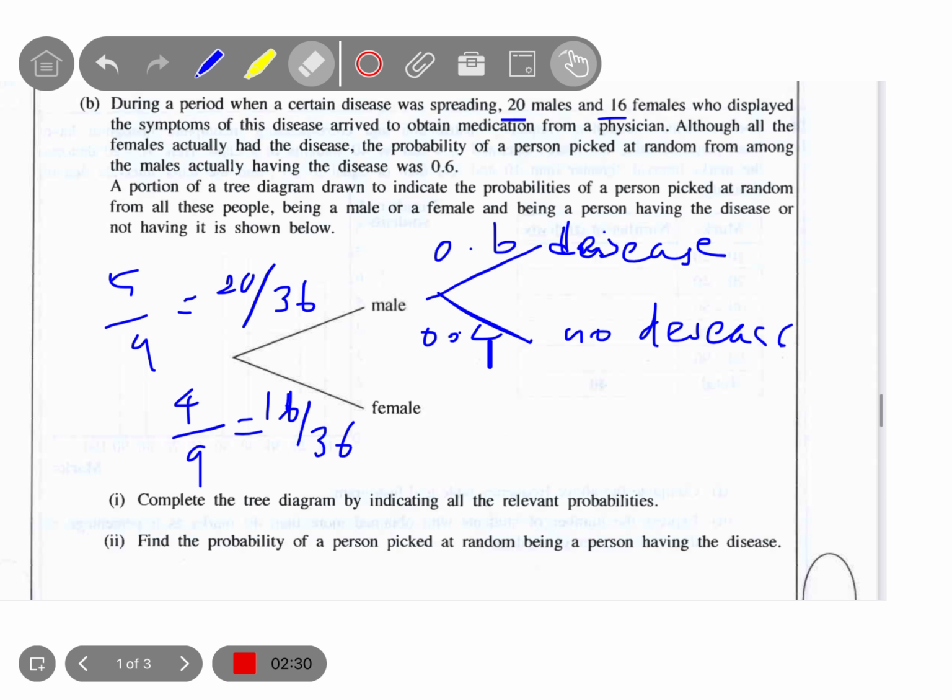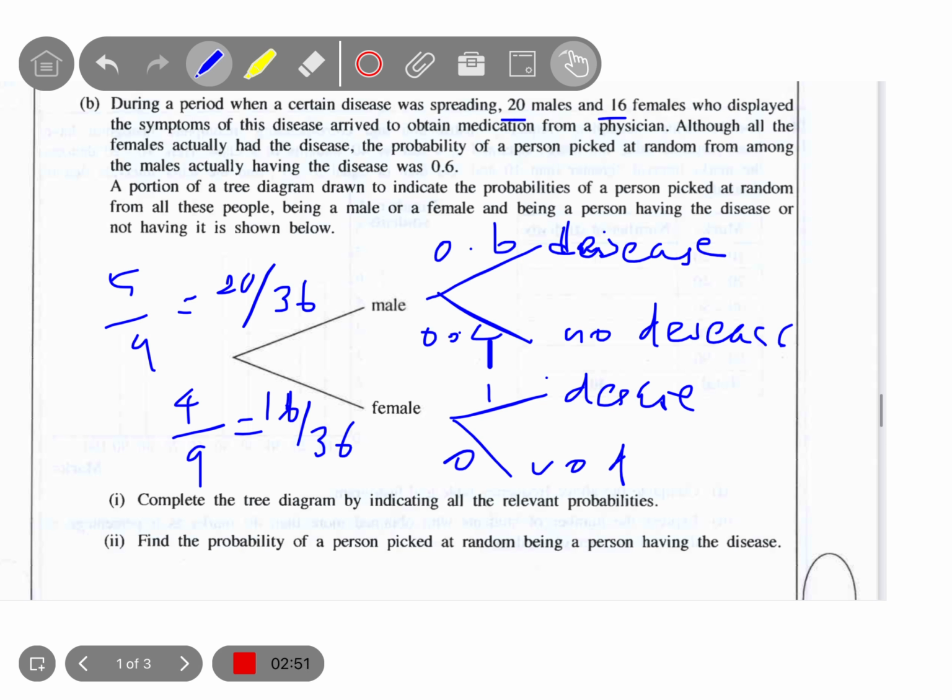That's all, so this completes the diagram. Optionally, you can draw it like this and say 1 for have disease, 0 for no disease, because if you add the two arms of the tree, it should add up to 1. That's optional though. You can draw it or just leave it.